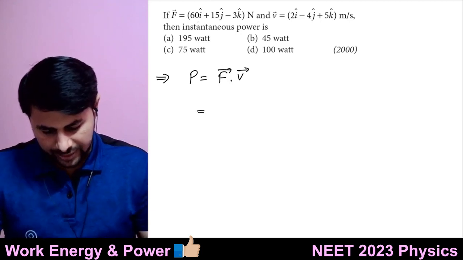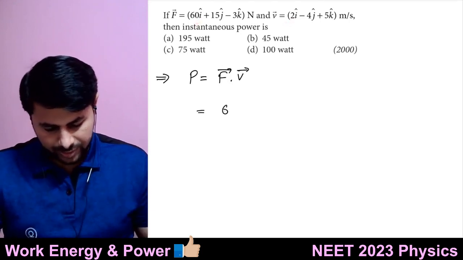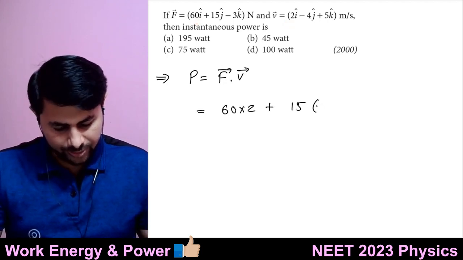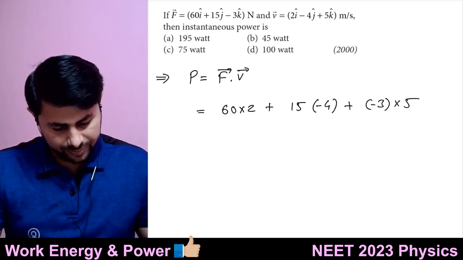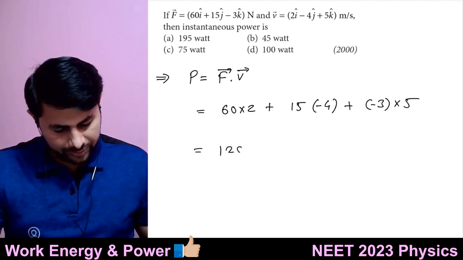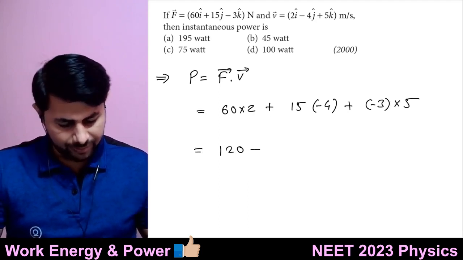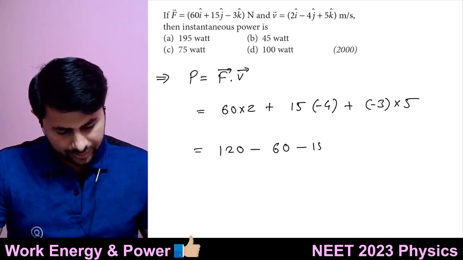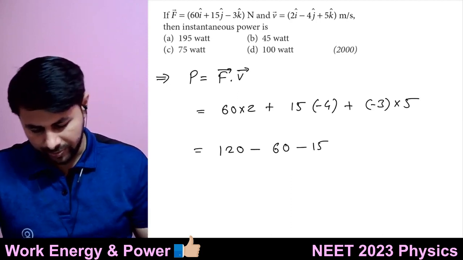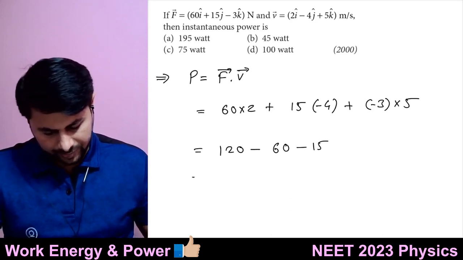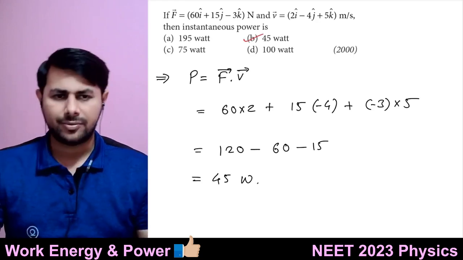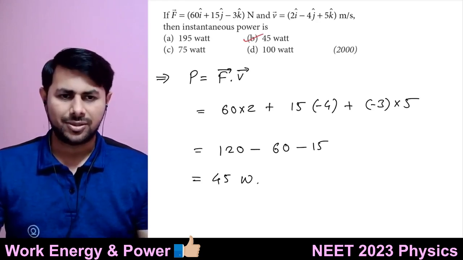So it is 60 times 2 plus 15 times minus 4 plus minus 3 times 5. How much? 120 minus 15 times 4 is 60 minus 15. So 60 minus 15, 45. 45 is the answer. Okay, option B. Yes, very good, Sanjay.